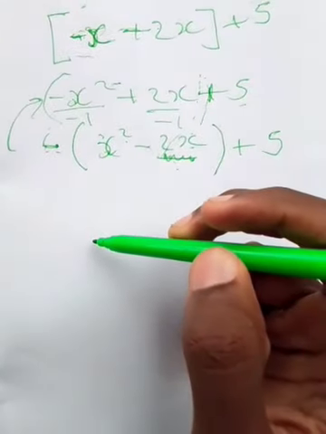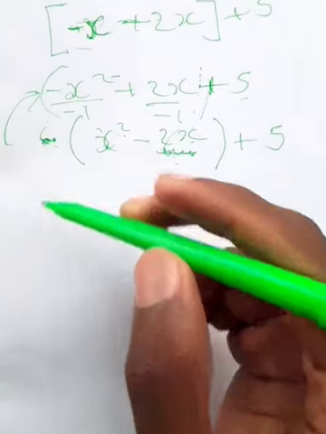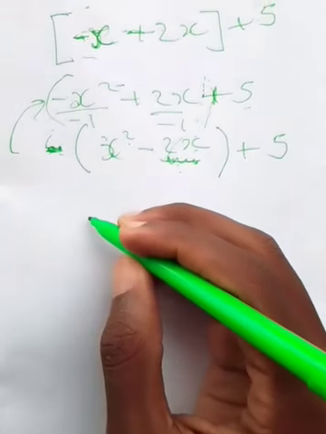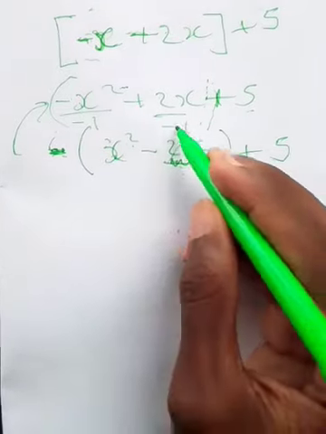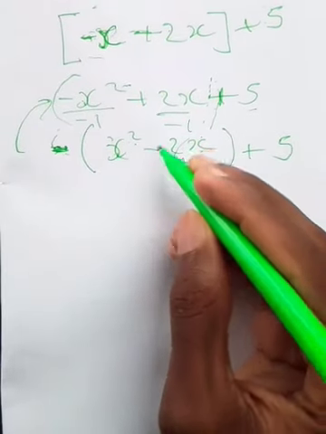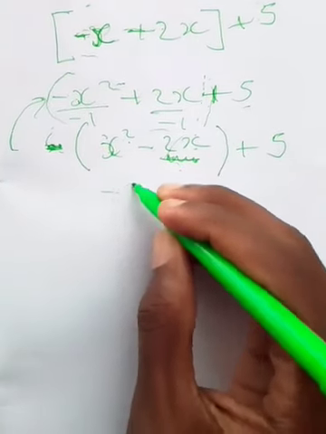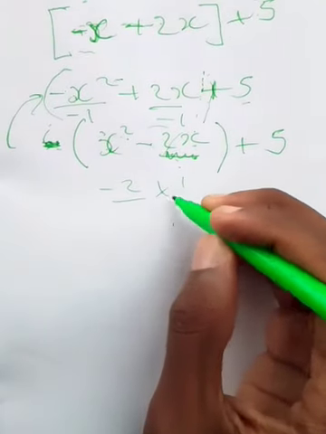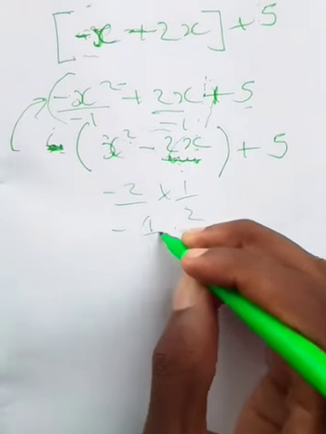Okay, so this is how Mr. Sakala solved it. And then now, after doing this, you will get the coefficient of this one, -2 times 1 over 2. That's going to give you -1.